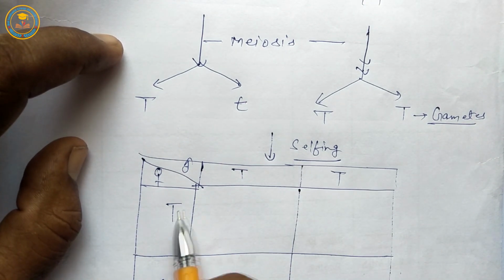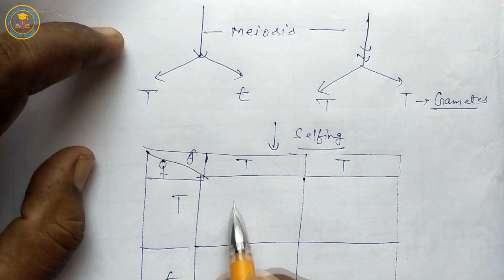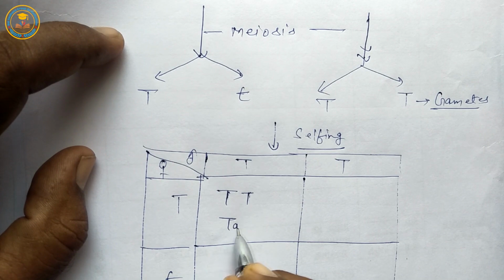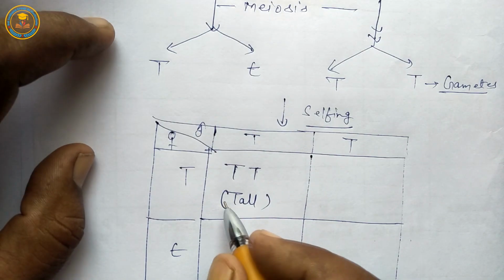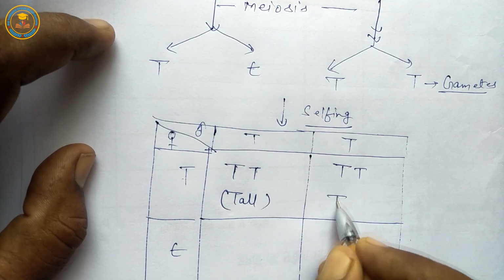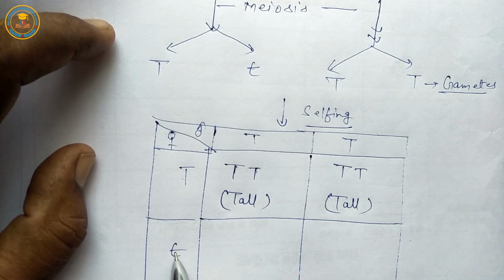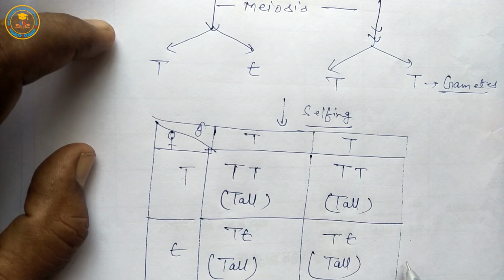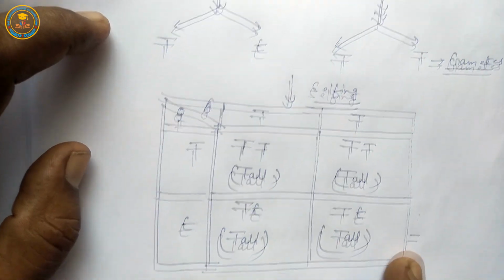Next, if capital T crosses capital T, it forms tall plant. If capital T small t cross, tall or hybrid tall, and last capital T small t cross each other and form hybrid tall. This is F2 generation.